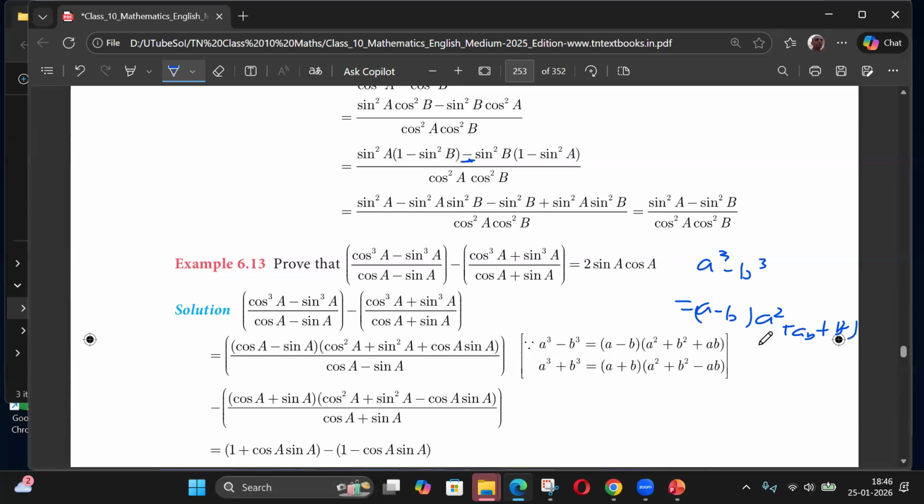So this is a third degree polynomial, right? So 1 degree has come out, so the remaining thing should be second degree. So a will go down to 1, b will increase to 1, and here b will increase to 2, and a will decrease to 0. So here the power of a is 2, 1, 0, and b is 0, 1, 2.